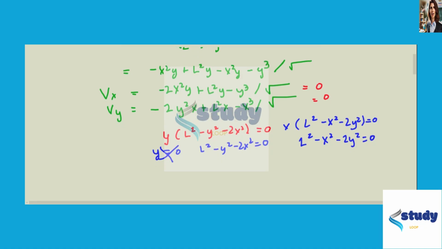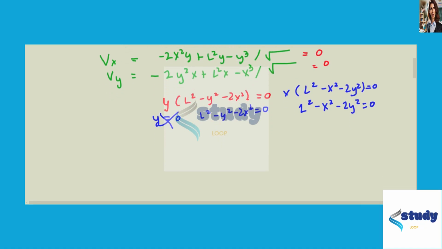Now we just have to figure out how to solve this system of equations for x and y. I think I'm going to multiply this one here by -2 and then add it to the other one. So I have -2L squared plus 2y squared plus 4x squared equals 0. And this one is L squared minus 2y squared minus x squared equals 0.